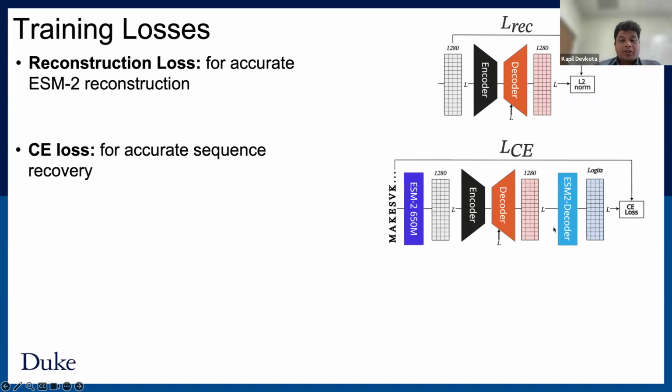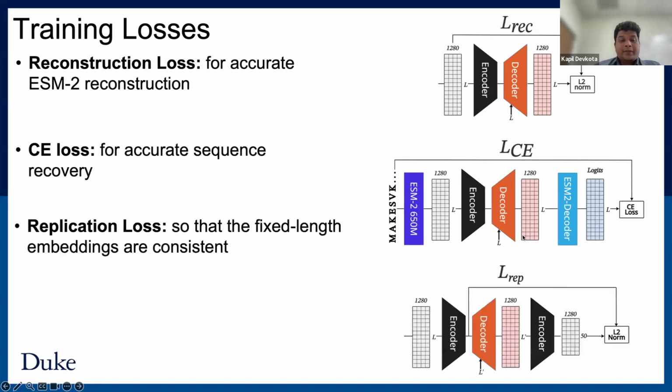We have a cross entropy loss, which uses the ESM2 token decoder and checks if the logits obtained match the input sequence. And finally, we have the replication loss, which checks if the fixed length embedding has a kind of circular property. Suppose the same embedding is used to produce two different embeddings of two different lengths, L1 and L2.